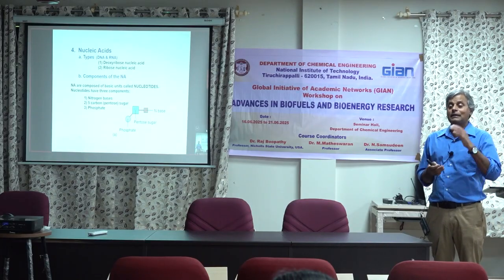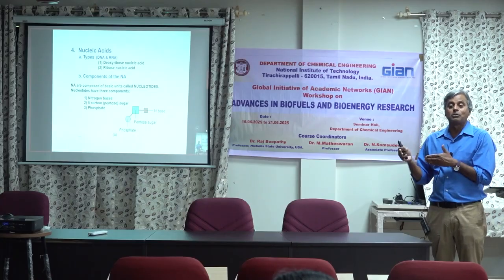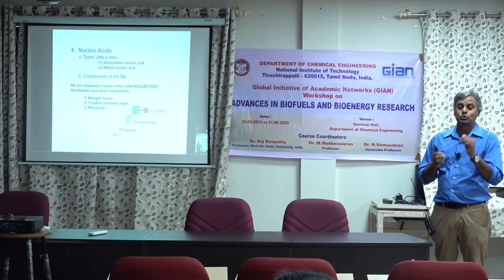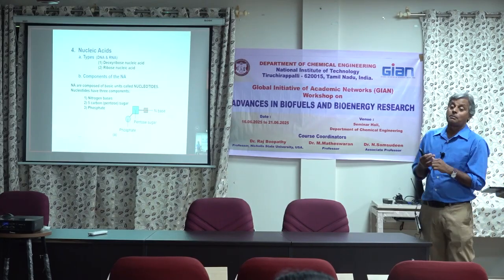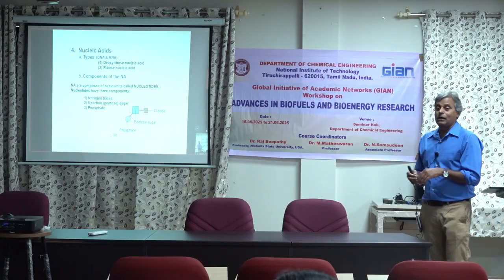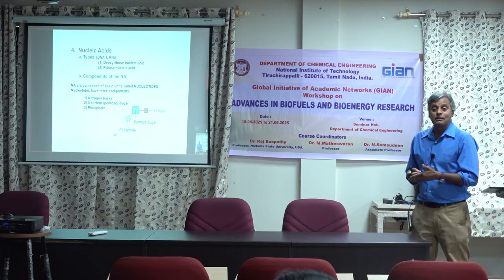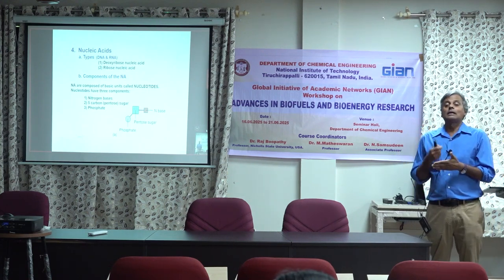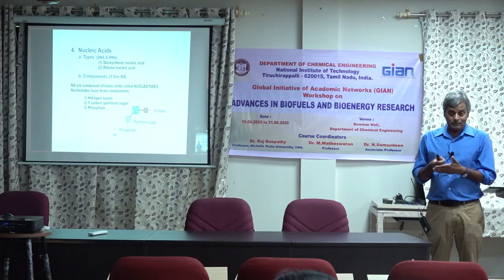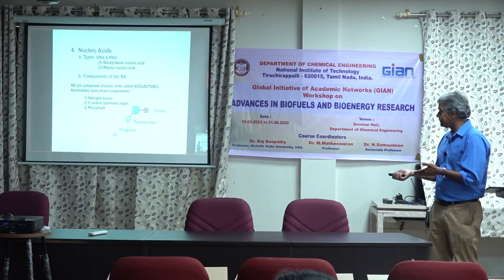DNA has a deoxyribose sugar, RNA has a ribose sugar, a slight difference in sugar structure. And then it has a phosphate molecule. All three together we call a nucleotide. The nucleotide varies based on the nitrogenous base.